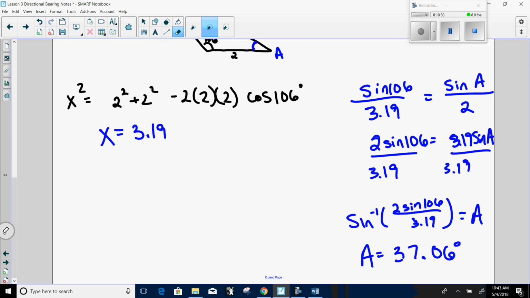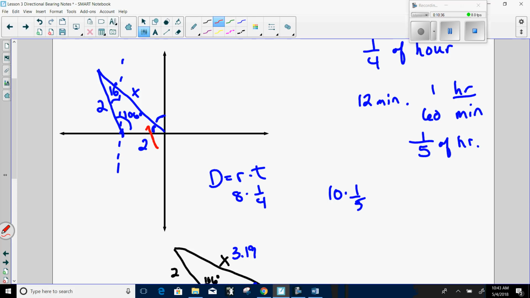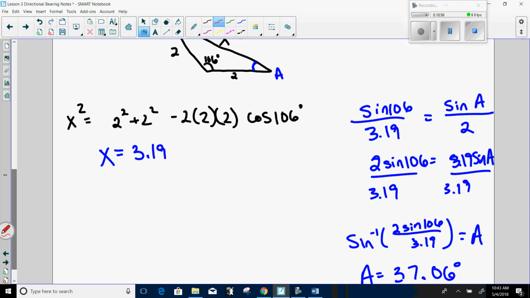So the angle right here is 37.06 degrees. This angle up here would be 90 minus that. So 90 minus that answer would be 52.949394, depending on how you round. So there's that. So the bearings.